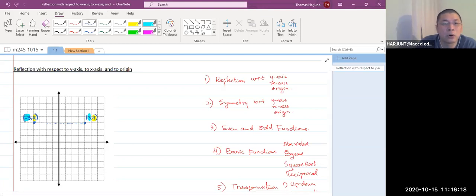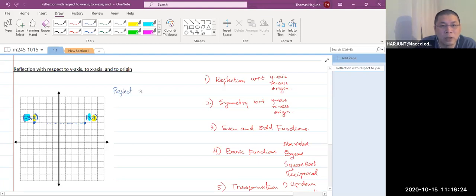Okay, so if I reflect 3, 4 with respect to the y-axis, that will give us negative 3, 4.